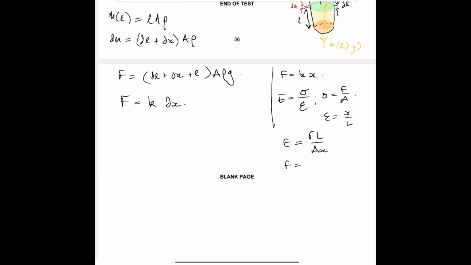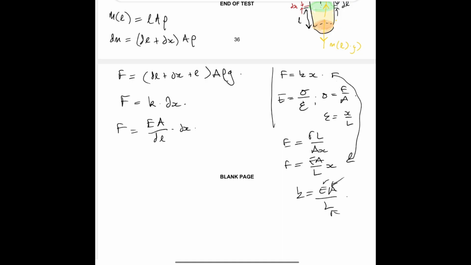That means F equals EA over L times X. Comparing these two, which have to be true at the same time always, K equals EA over L. So the spring constant is the Young's modulus times the cross-sectional area over the original length. In our case, that's the Young's modulus times the cross-sectional area over the original length, which is dl. So yeah, that's what we get.